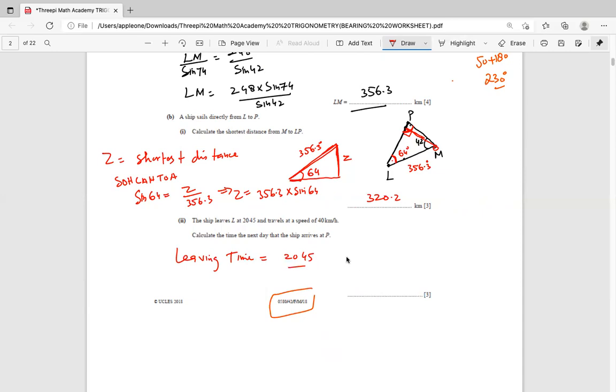Okay, fine. And it travels at a speed of 40 kilometers per hour. Calculate the time the next day that the ship arrives at P.